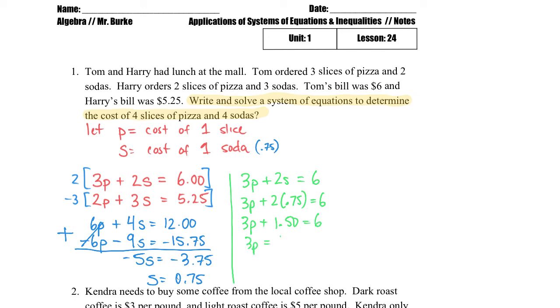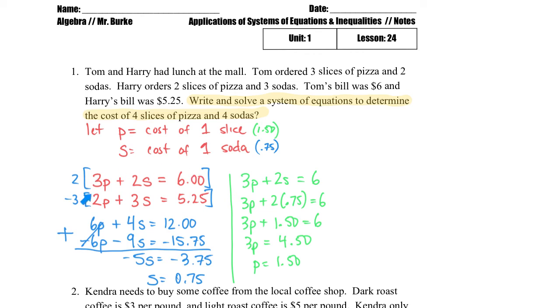Subtract $1.50 from both sides. Divide by 3 on both sides. And I get $1.50. Okay, so now I know that the cost of a soda is 75 cents and that the slice of pizza is $1.50.